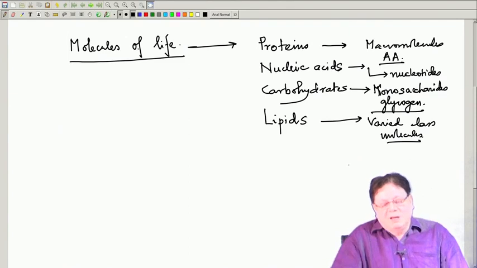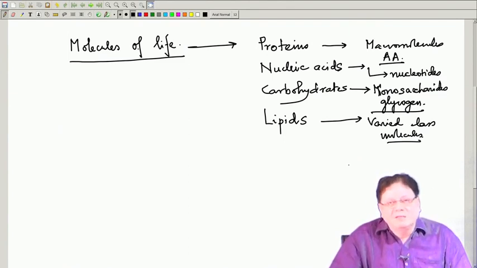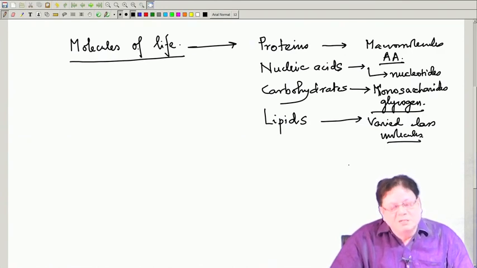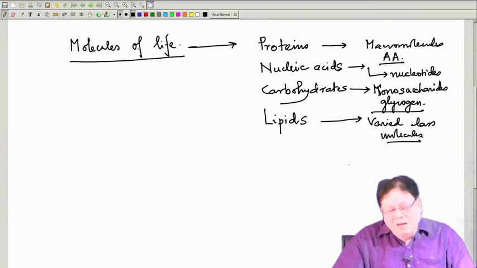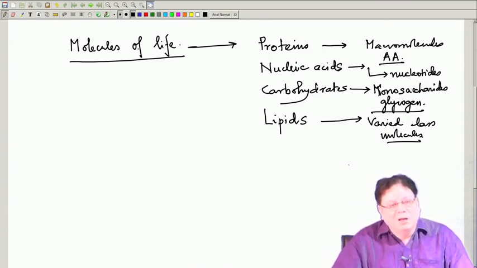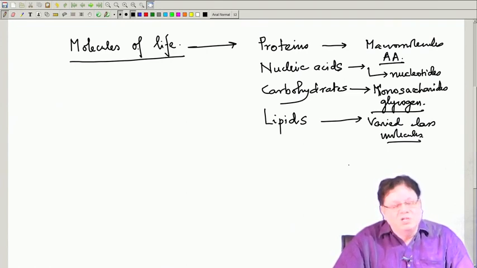Some of the lipids are derivatives of fatty acids, some could be steroids, and there are many other molecules, like terpenes in plants, which are also soluble in organic solvents. They are mostly made up of hydrophobic carbon chains. A lot of carbons are usually there, and functionalized carbons are much less in lipids.